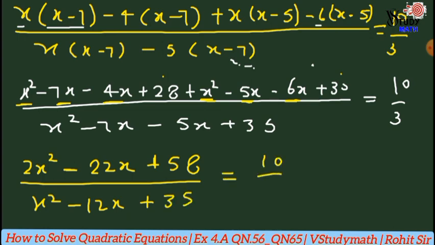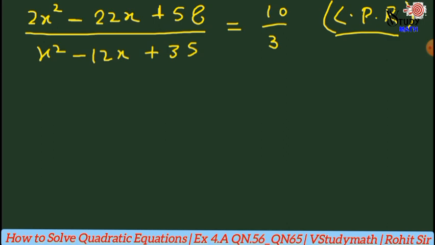Now applying CPR, the cross product rule. When this 3 multiplies here, we have 6x square. When this 3 multiplies here, we have 66x.